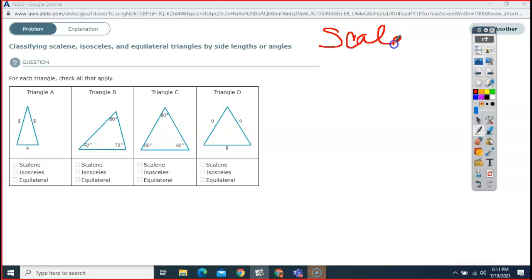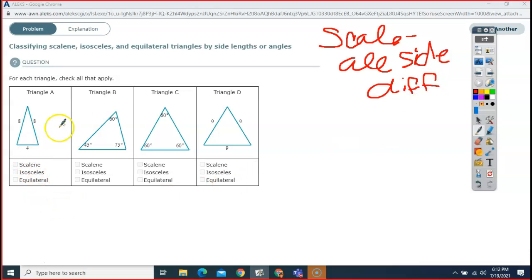Scaling means all sides are different. So if I see all the numbers are different, and all angles, not just sides, I'm going to put angles too.